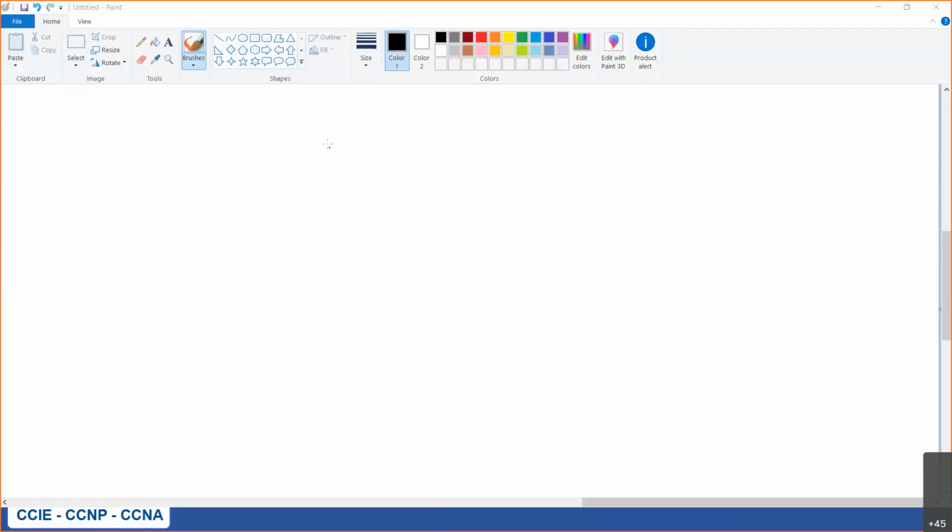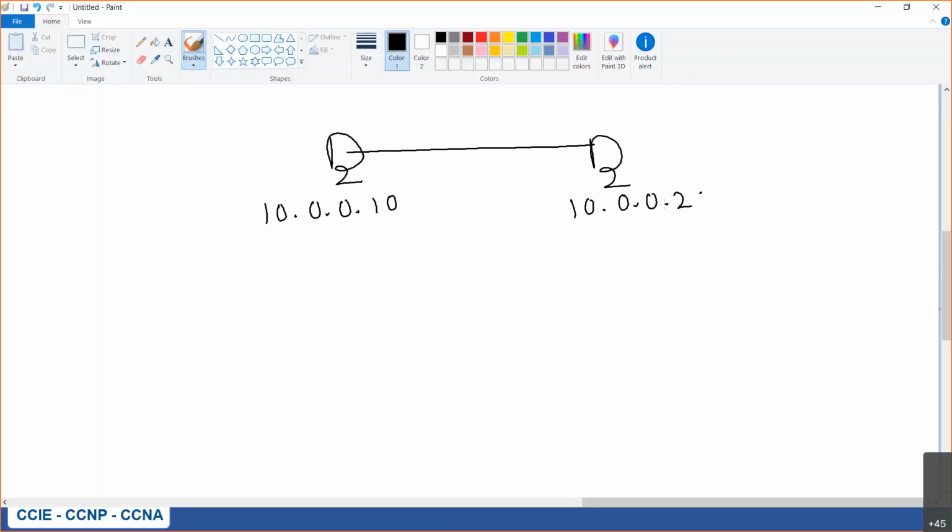This is PC1. It's PC2. Both are connected. First computer IP address is 10.0.0.10. Second computer IP address is 10.0.0.20.